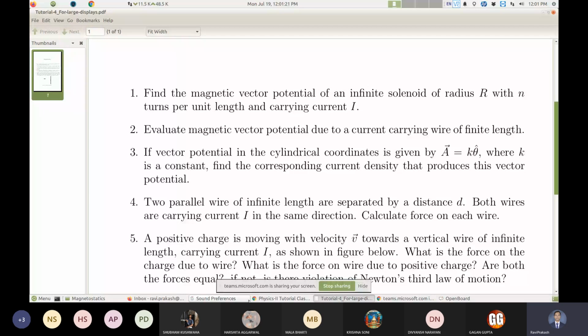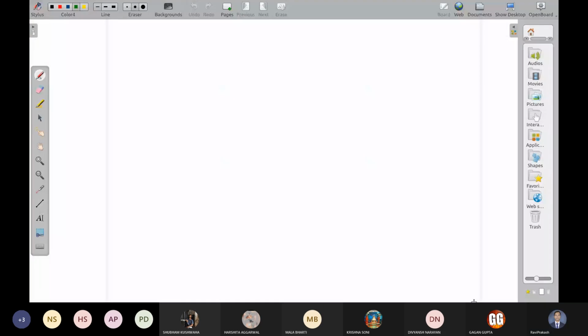Before we start this tutorial, let me tell you something about the quiz. We have crossed 2 units so far, and I am taking the tutorial of group D, meaning your group, I and J. I will take the quiz of these three groups at the same time.